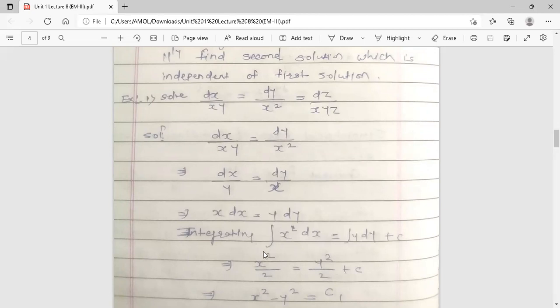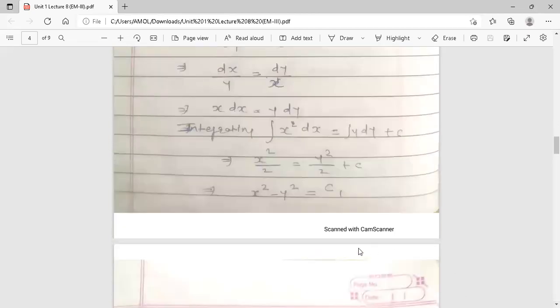Now integration of x is x square by 2 is equal to integration of y is y square by 2 plus c, and so it is x square by 2 minus y square by 2 is equal to c. If we multiply every term by 2, then the term will be x square minus y square is equal to 2c. 2c is again a new constant called c1. So the solution is x square minus y square is equal to c1.